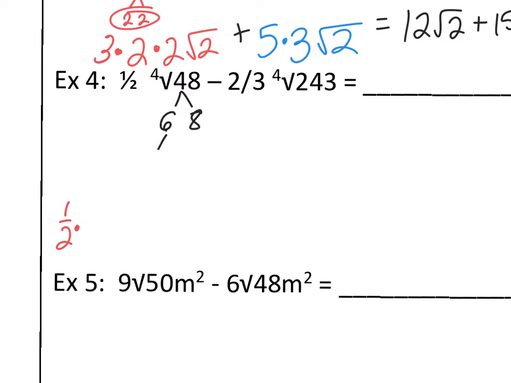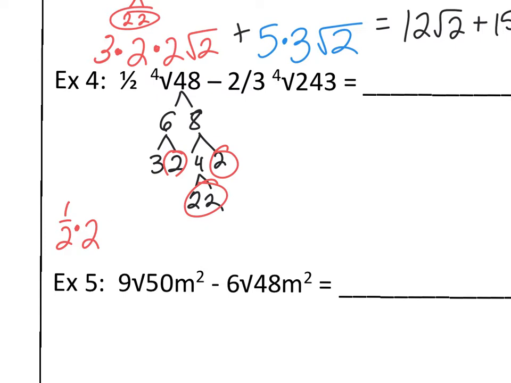Okay. 6 breaks down to, and 4, oh sorry, 8. 4 and 2. 4 breaks down to 2 and 2. Well, hold up. What are my group sizes I'm looking for on this one? 4. So do I have 4 of the same number? 1 group of 2, right? Okay. And what's left?